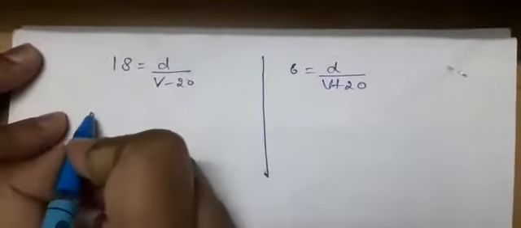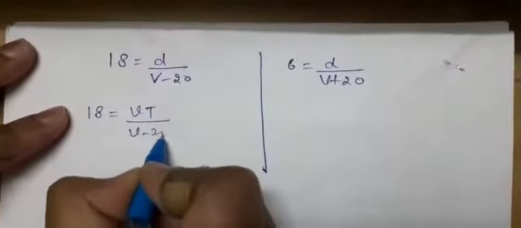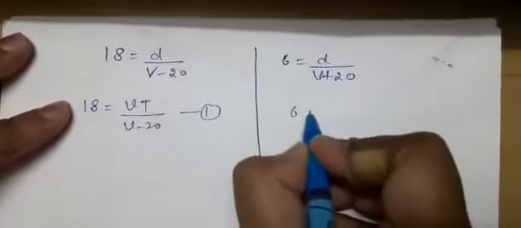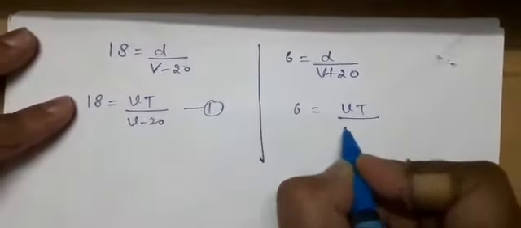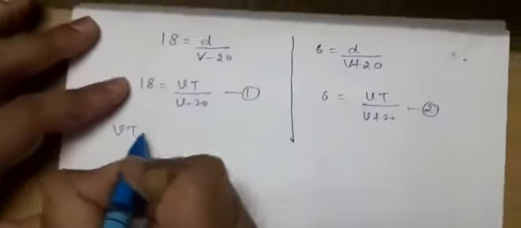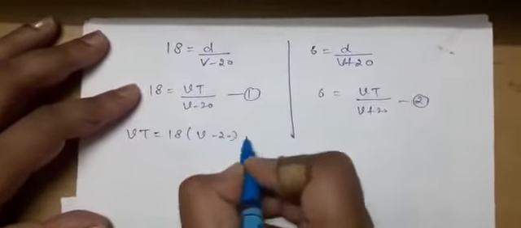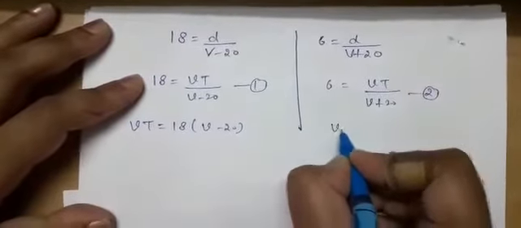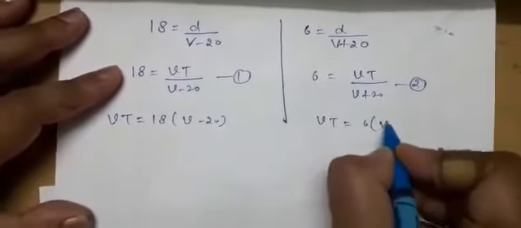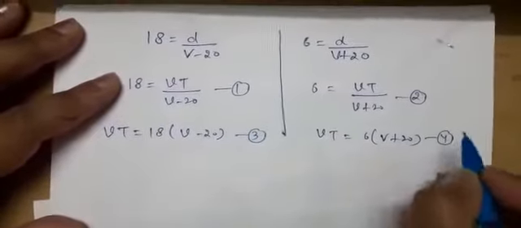Now here d was equal to Vt. So substitute d to be Vt in both the equations. Now from here Vt is 18 into V minus 20, and here Vt is 6 into V plus 20. You can label them as 3 and 4.